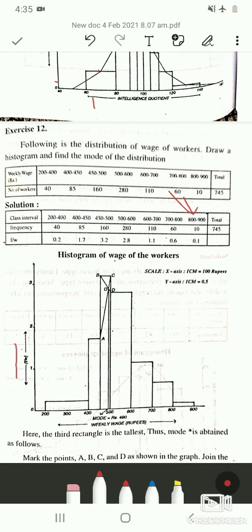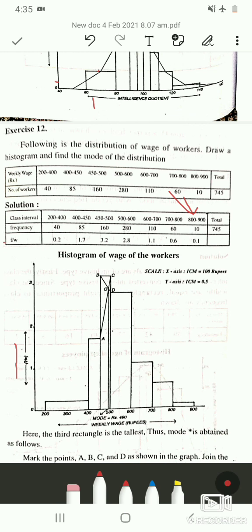So once you get the histogram, to get the mode, you have to see which rectangular bar is the tallest among all. So here we can see this rectangle is tallest among all the rectangular bars. So we can obtain the mode by joining the lines. So we have to take the diagonal lines. So this is the tallest.